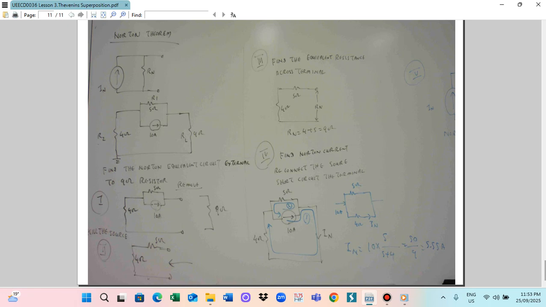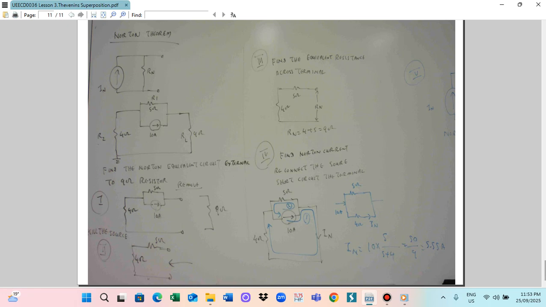This IN is in series with the 4 ohm resistor. Some current flows to the IN and 4 ohm, and another part of the current flows to the 5 ohm. So the 10 ampere current meets two resistors in parallel, and IN is in series with the 4 ohm resistor.